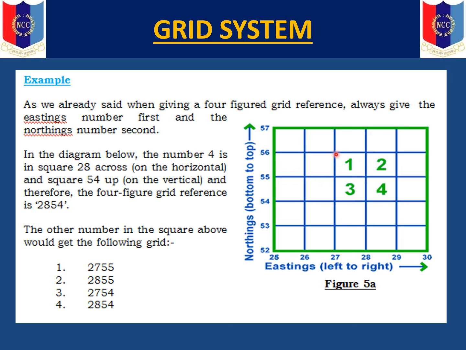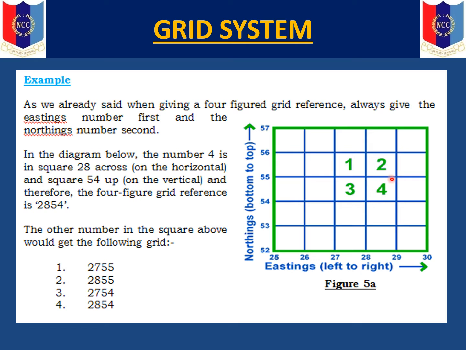So you've got easting number 27 and easting number 28 and the northing number 55 and 56 enclosing this square. When we give the grid reference of this square, it will be easting first, and we take the lower figure 27 and the lower figure of the northings. So 27 and 55 is how you refer to this square in terms of a 4-figure grid reference.